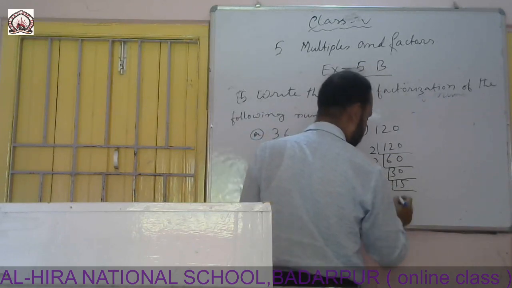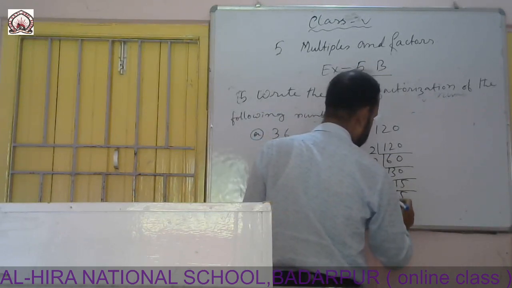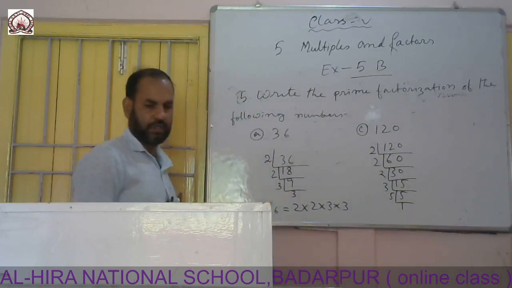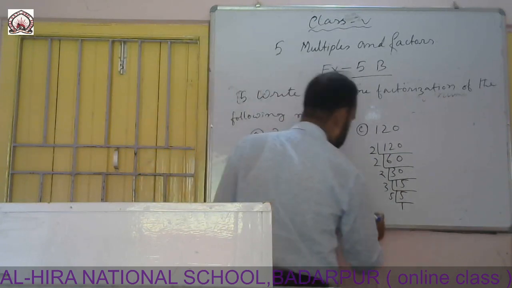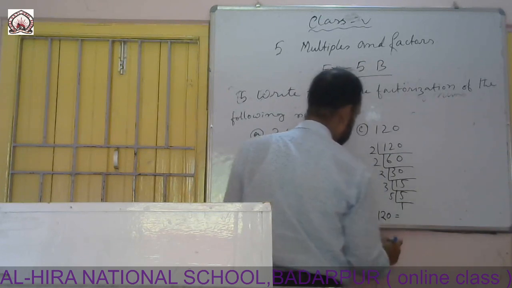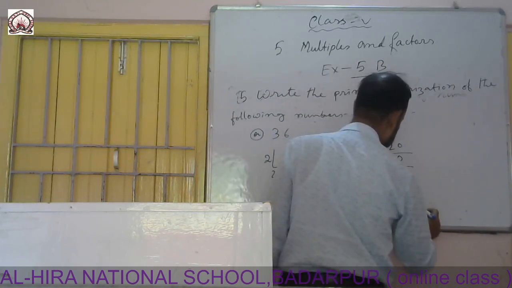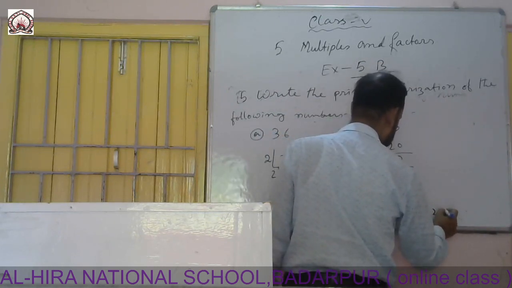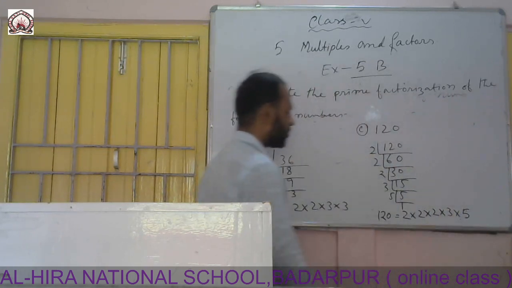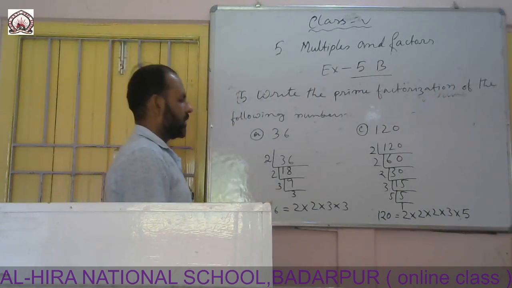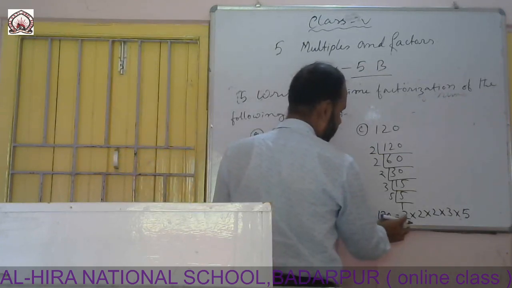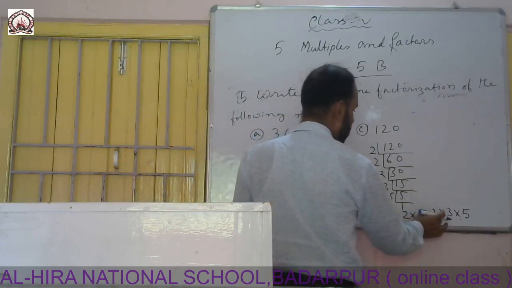We try 3: 3 5s are 15 and 5 1s are 5. So 120 equals 2 into 2 into 2 into 3 into 5.